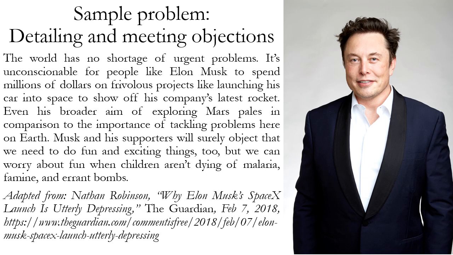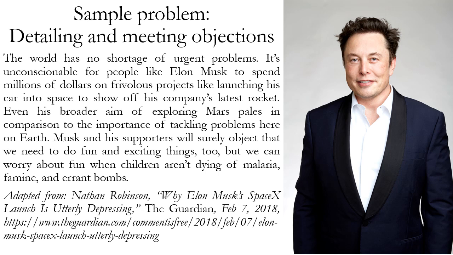So to detail and strengthen the objection, you might say something like, Musk and his supporters may object that there are other valuable things that can be done than fighting malaria, famine, or trying to reduce casualties from warfare. And then you would want to give some examples of those other valuable uses of money. It could include things like space exploration, but think of all the ways people spend money that don't relate directly to survival.